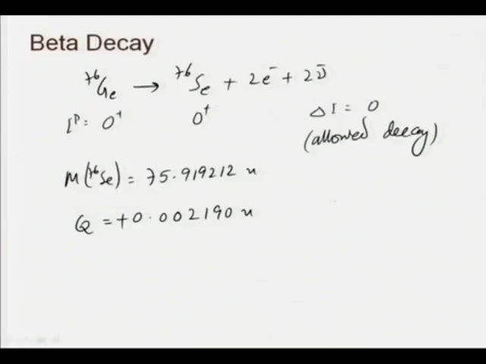We are not worried about the magnitude as such, but we want to check whether it is possible energetically or not. Which means that Q should be larger than 0, which is the case here. So, energetically allowed, no problem.